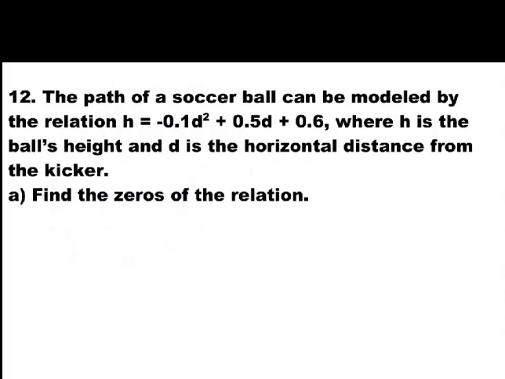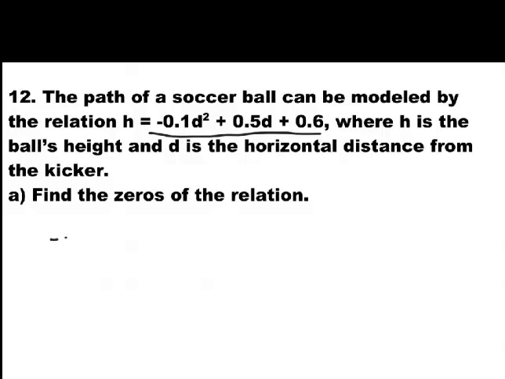The next question says the path of a soccer ball can be modeled by the relationship h is equal to negative 0.1 d squared plus 0.5 d plus 0.6. h is the height and d is the horizontal distance from the kicker. Find the zeros of the relation. So we have to set h equal to 0.